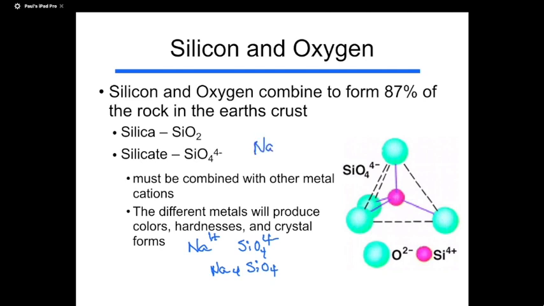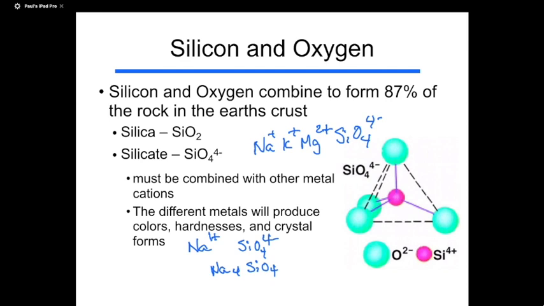A sodium with a +1, a potassium with a +1, a magnesium with a +2, and a silicate with a 4-. The silicate has 4 minuses. And all the pluses, when you add them all up, is 4 pluses.